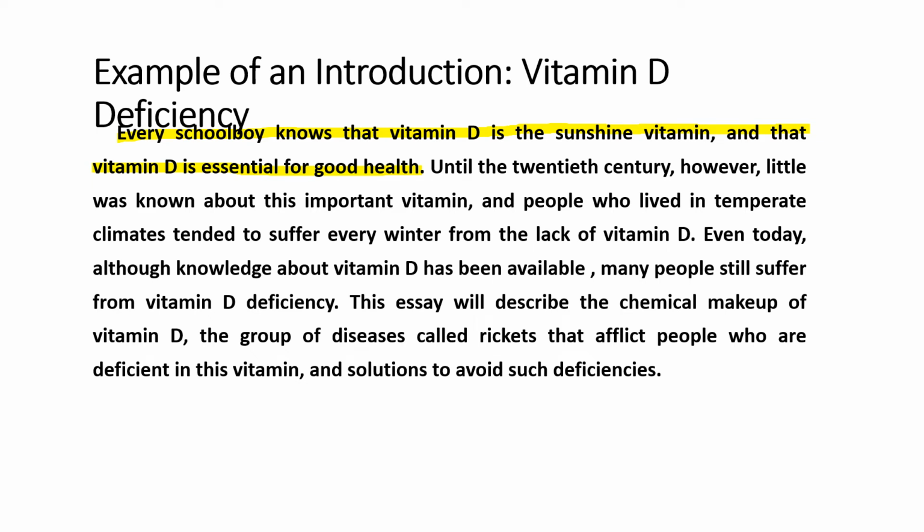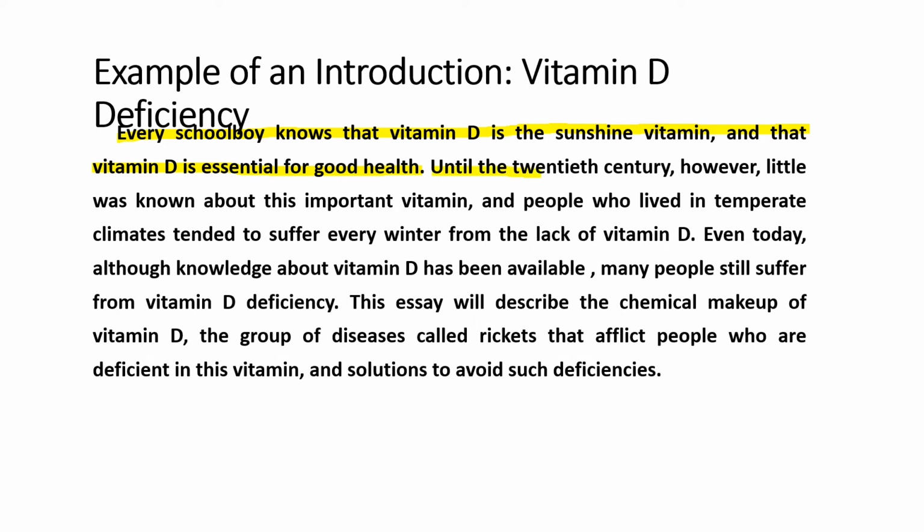Here, we are going to have some background information about vitamin D. Okay, and this is what we are going to find in these sentences. We're going to have some information which the readers need in order to understand the topic.